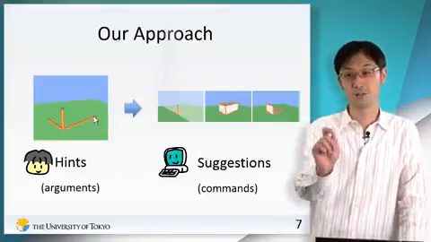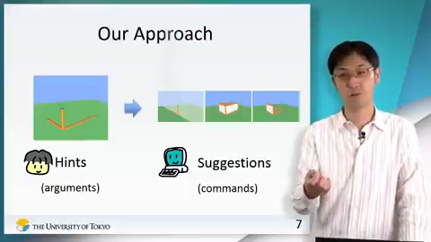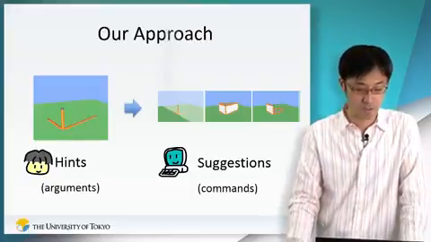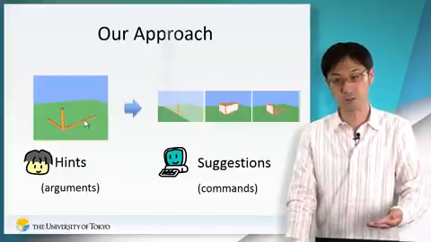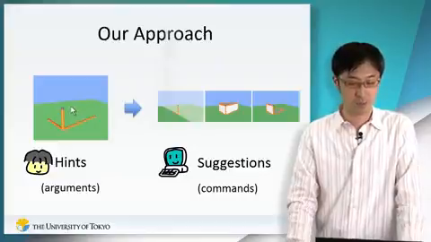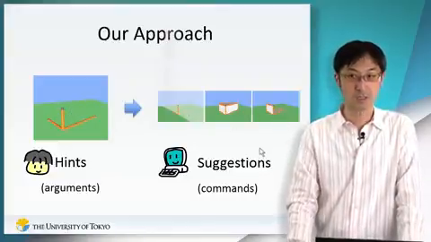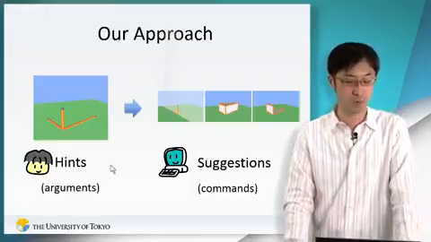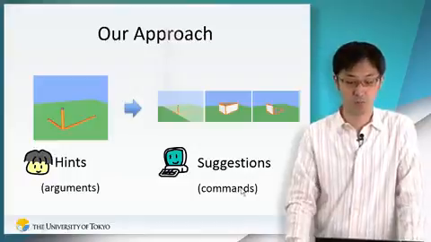The user just highlights these three, which is a hint for the computer to infer the request. Then the computer looks at the hints and proposes related operations. In this case, the system proposes a box and two other possibilities. In other words, the user first gives arguments for the command, and then the system automatically infers the command.